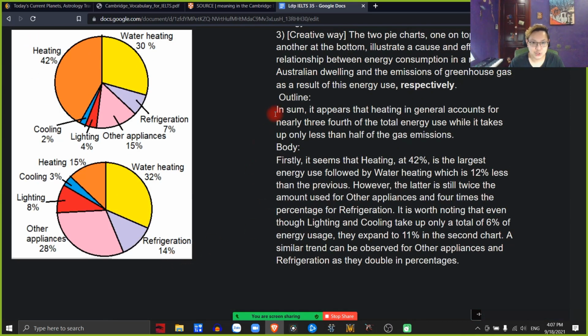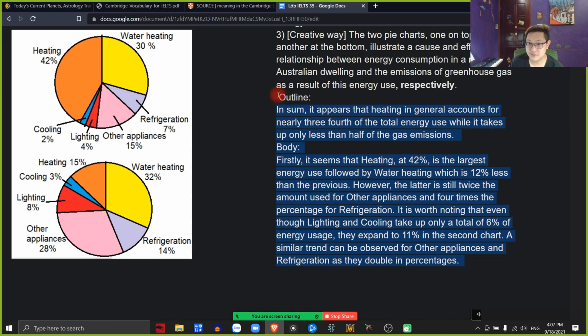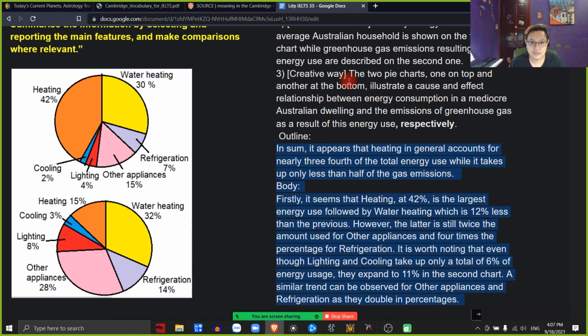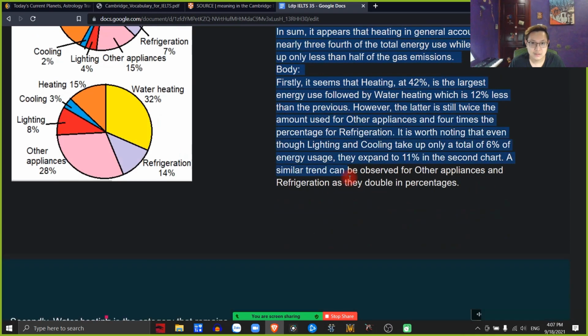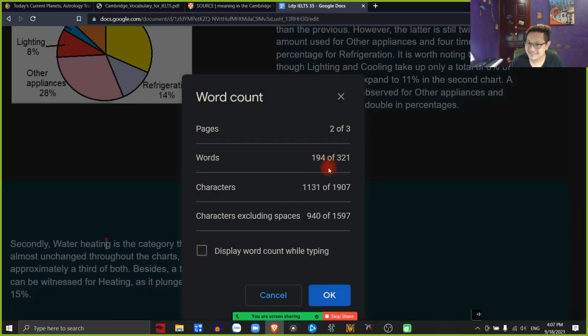And this one is how much? Oh, 153 already. This task has a minimum of 150. Task 1, the minimum limit is 150 words. So if your body and the outline is already like this, and I choose the creative way, how much would that be? 194.